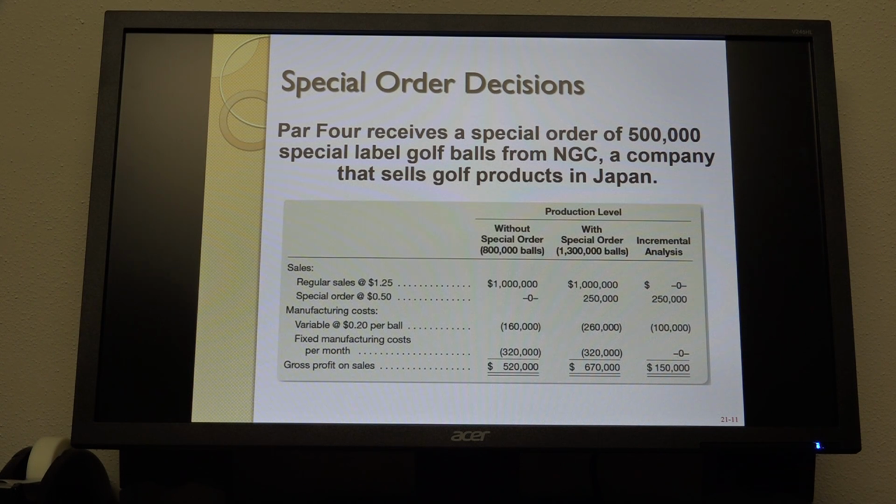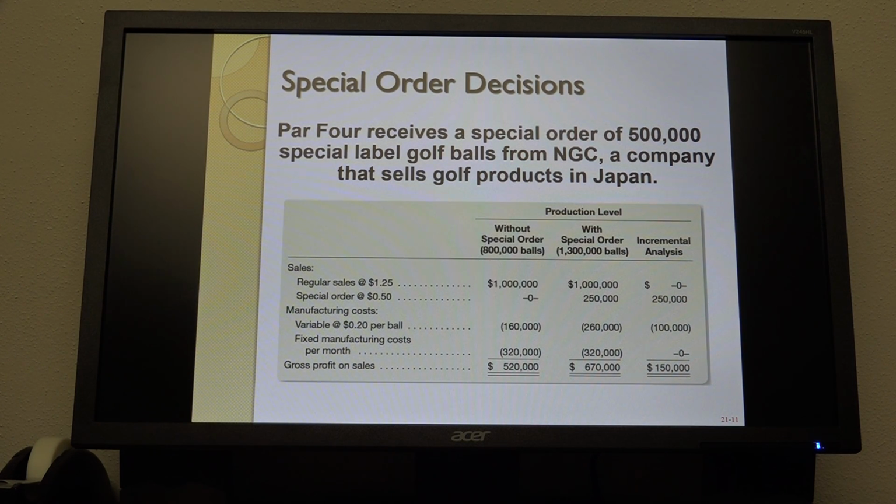But what happens if NGC deceives them and starts selling these products in the U.S. for less than what they're selling to their customers at $125?